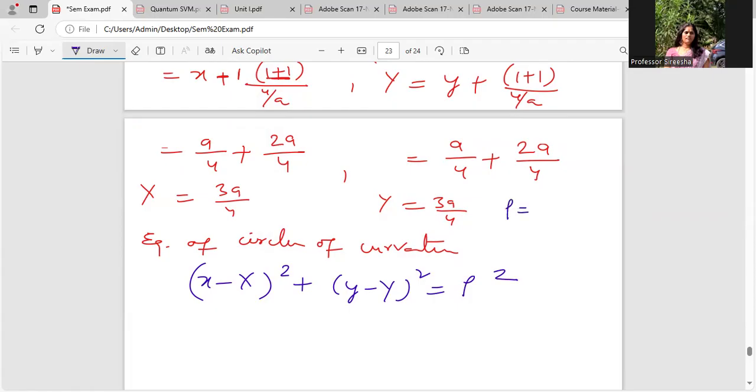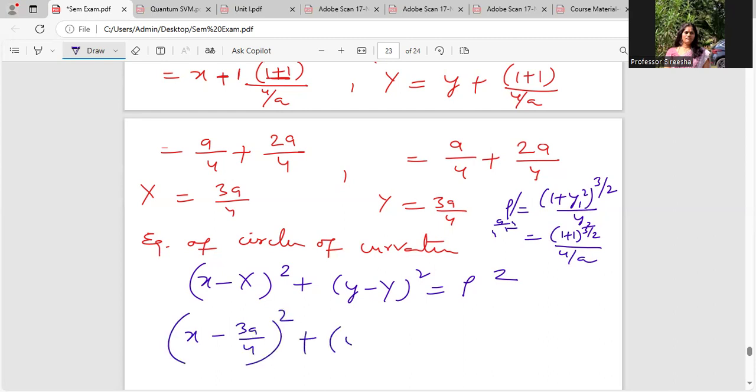The formula for rho is 1 plus y1 squared whole power 3 by 2 by y2. I know the value at a by 4 comma a by 4, right? So it is 1 plus 1, which is 2, whole power 3 by 2 by 4 by a. Small x minus 3a by 4 whole squared plus small y minus 3a by 4 whole squared.